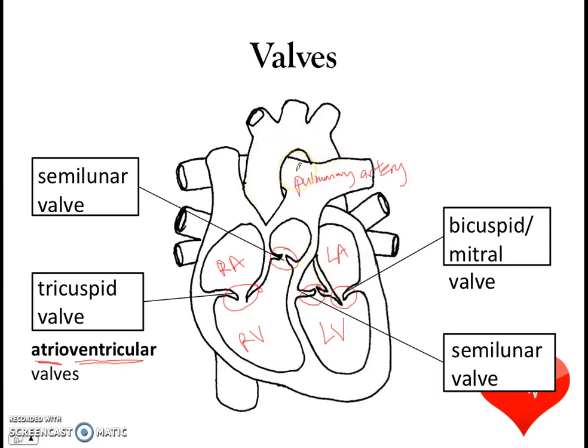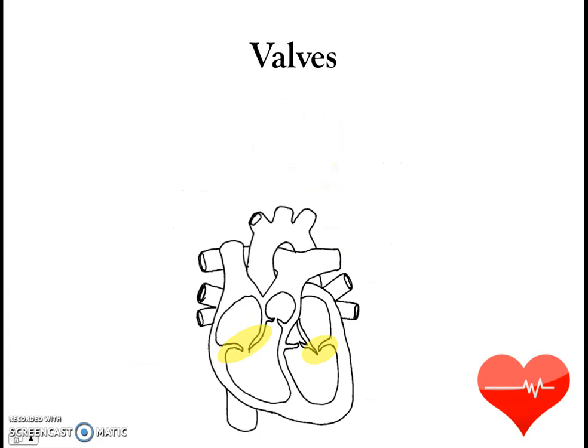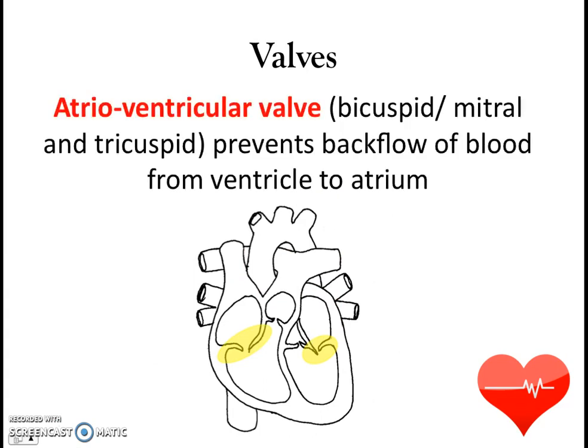Now, what is the function of these valves? Okay, so let's start with the atrioventricular valves. The atrioventricular valve, whether it's the bicuspid or the tricuspid valve, their function is to prevent backflow of blood. So valves are always helping to prevent backflow of blood. In this case, the atrioventricular valves prevent backflow of the blood from the ventricle to the atrium.